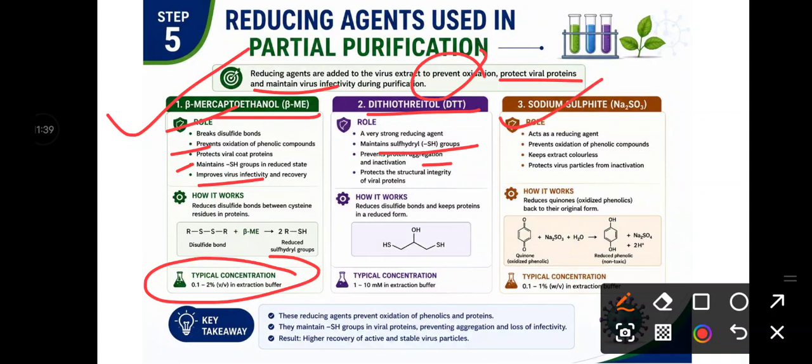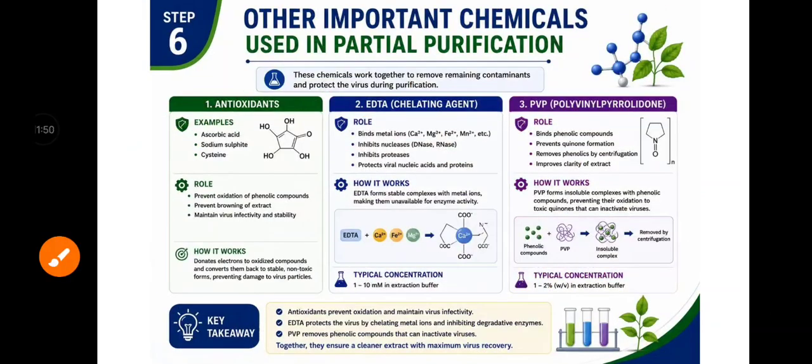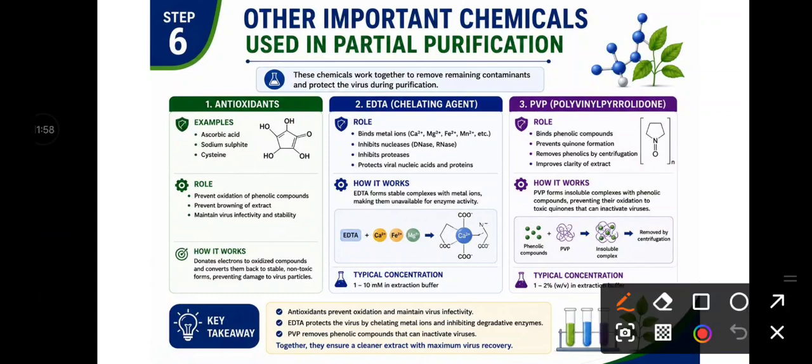Similarly, sodium sulfide is also a reducing agent that prevents oxidation as well as protein coagulation. Okay, this is about the reducing agent. Next, about the antioxidant. Antioxidant means it prevents oxidation. Examples of commonly used antioxidants are ascorbic acid, sodium sulfide, cysteine. It prevents oxidation of phenolic compounds, prevents browning, and maintains infectivity and stability of the virus.